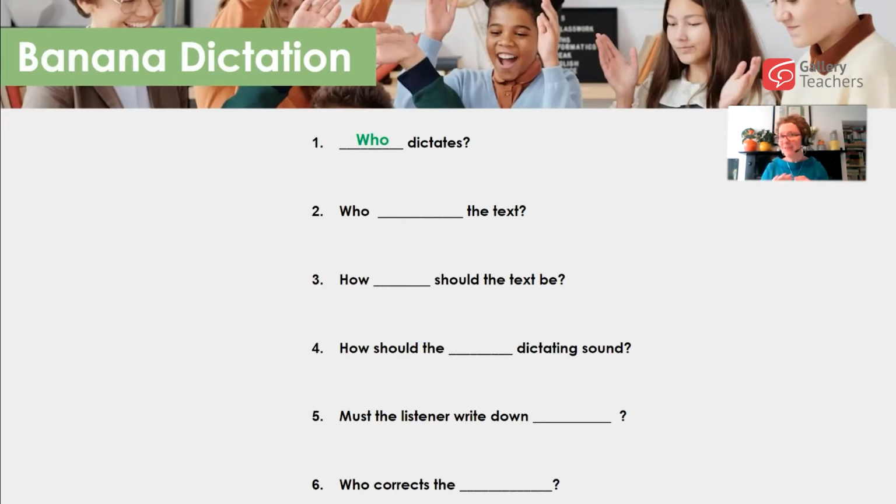Traditionally, well, it's a classic. The teacher dictates. And I think people from my generation, anyway, that's probably how we experience dictation as a very teacher-centered and teacher-led activity. But does it have to be the teacher?